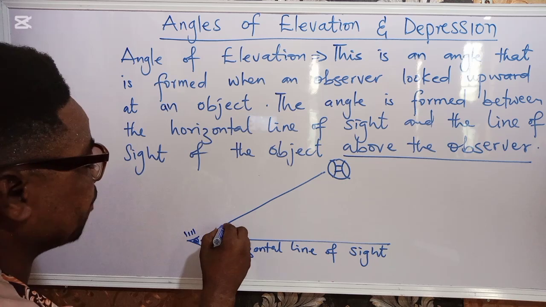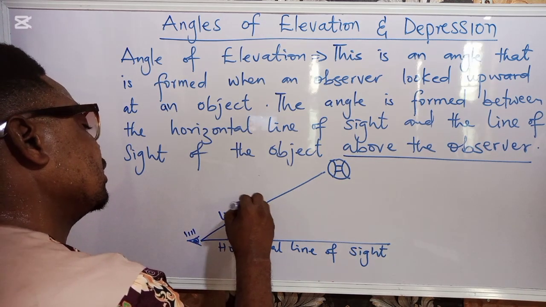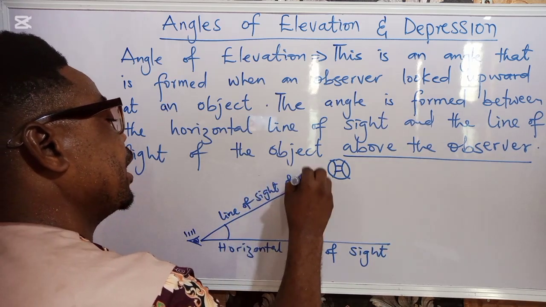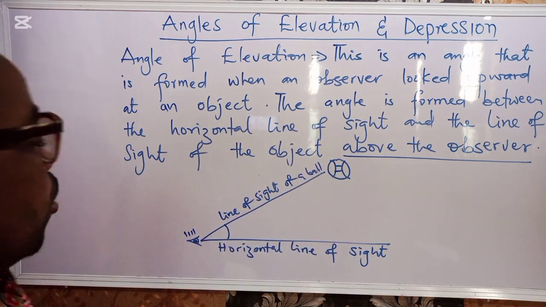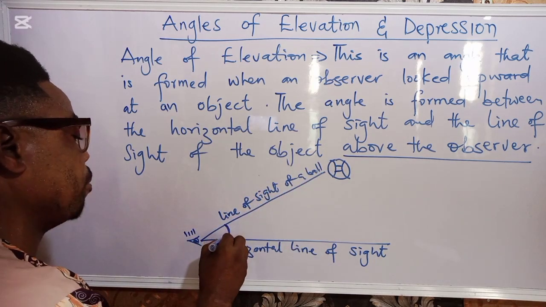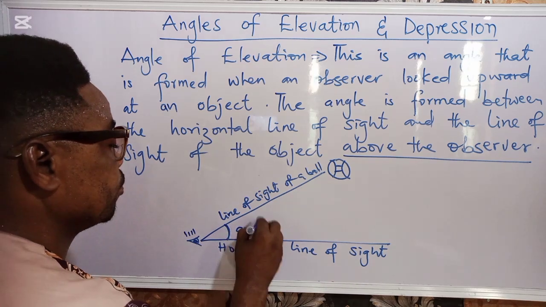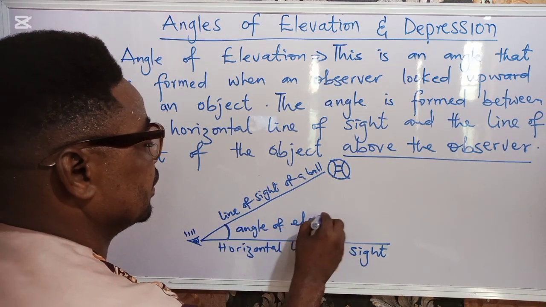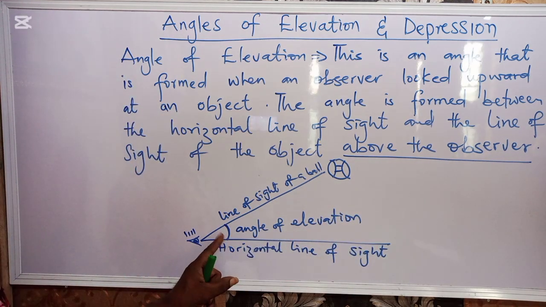Now, an angle is formed between this. This is line of sight of a ball. So this angle is formed here. That is angle of elevation. This is angle of elevation that is formed there.